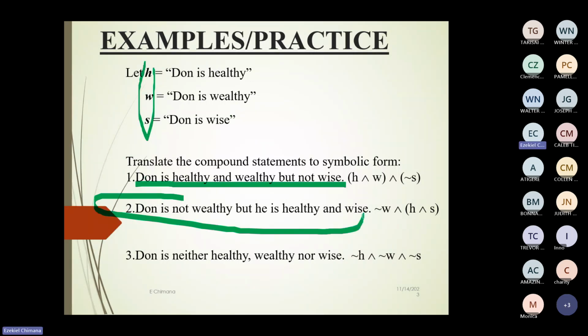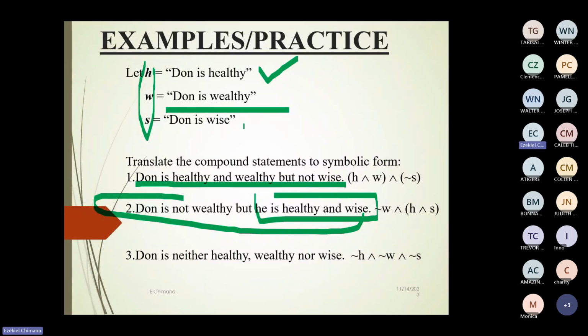And then we've got this one, which says Done is not wealth, which means we are starting with the negation of W, but he is healthy, which means we are having an and of H and wise.